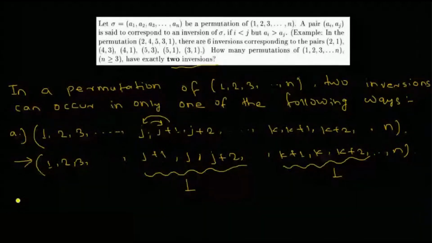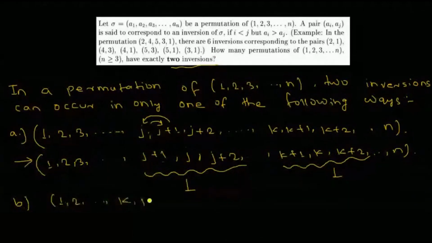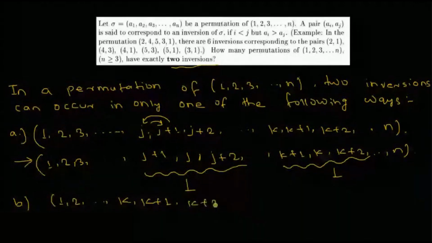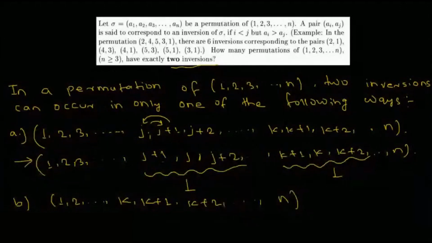Similarly, the other case can be 1, 2, up to some kth term, and so on up to n, right? If this is permuted to 1, 2, up to k plus 2 in the kth position, and then k, and after that k plus 1 up to n.